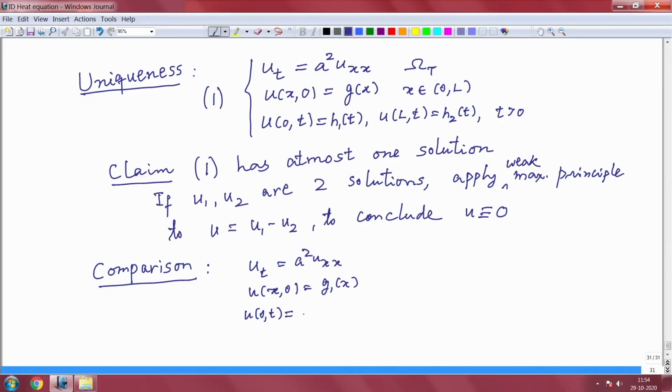Okay, for simplicity just let me take the same thing, but you can take different things, just for writing things, and you also take another one, another initial data.